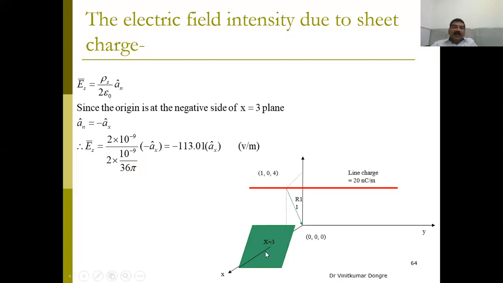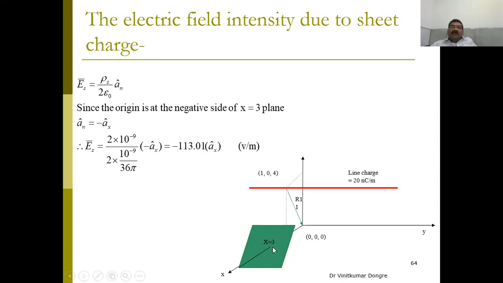X equals 3. And the unit vector you have to draw from this point to here. So the formula is rho_s upon 2 epsilon times a_n. Now what is this a_n? Since the origin is on the negative side of the x equals 3 plane, a_n equals minus a_x. How is this so? You can find it simply from the vector.